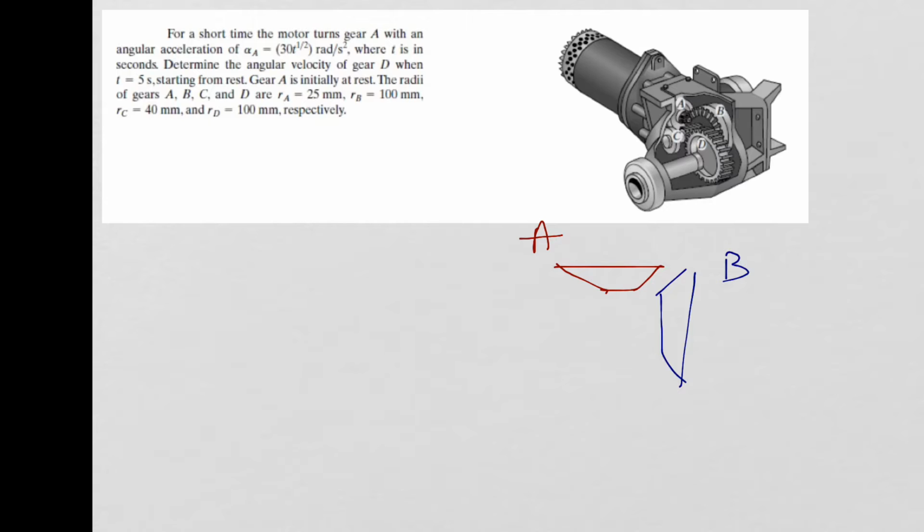If they are in contact, then we have to use the velocity ratio to solve things. And I will say that my omega A times RA will be equal to my omega B times RB. So we all know this.